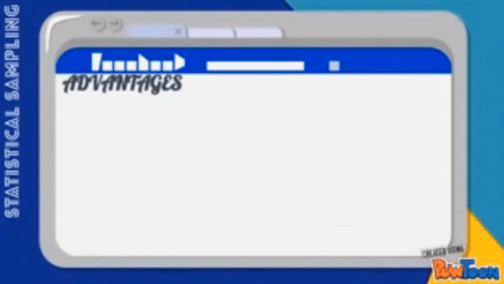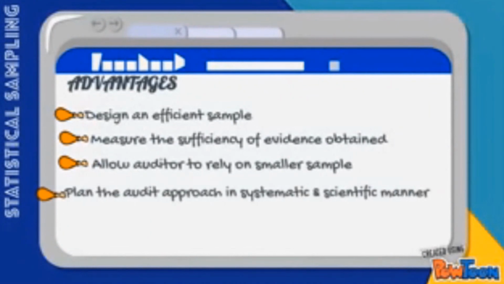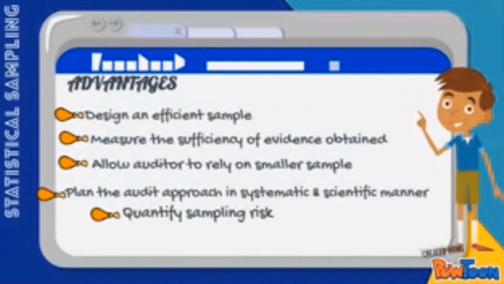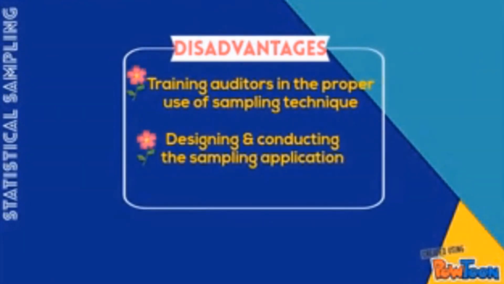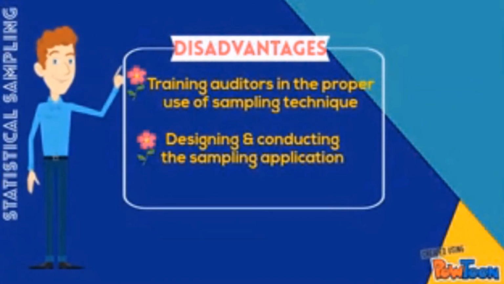The advantages of statistical sampling are: design an efficient sample, measure the sufficiency of evidence, allow the auditor to rely on a smaller sample, plan the audit approach, and quantify sampling risk. The disadvantages are: training auditors in the use of sampling techniques, and designing and conducting sampling applications.